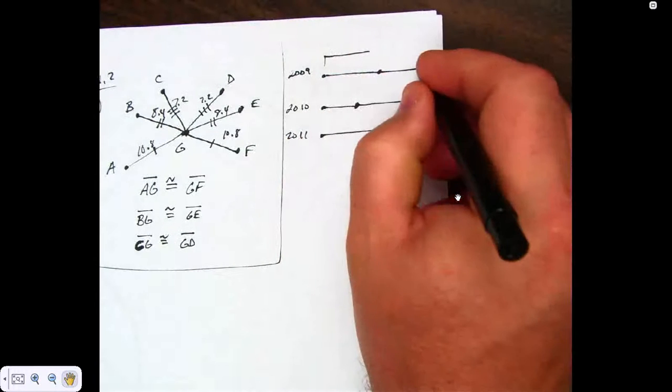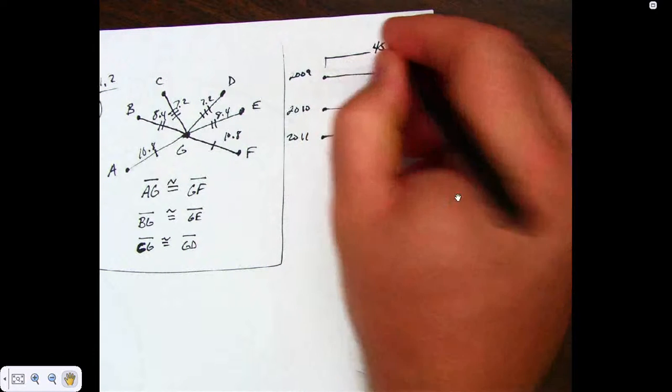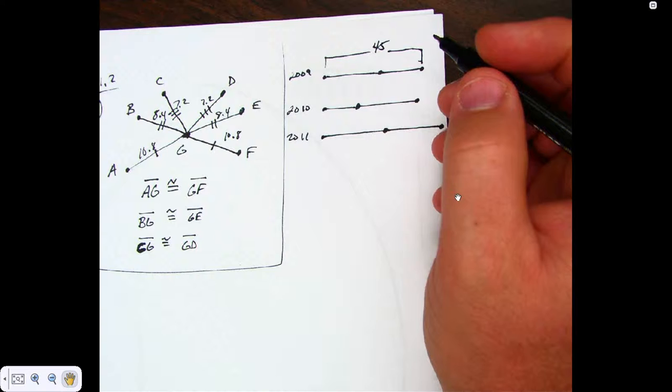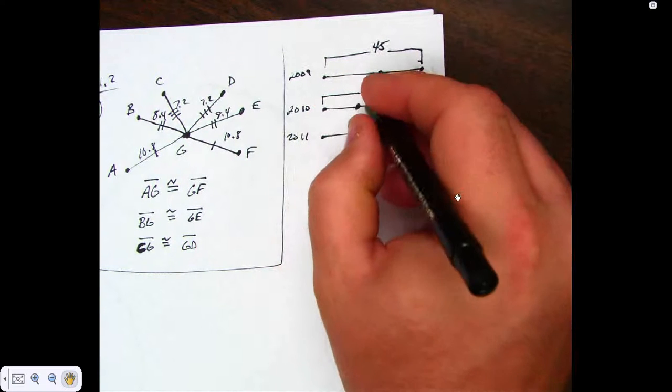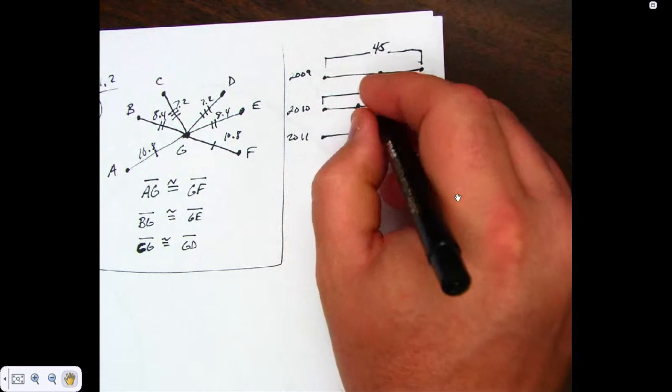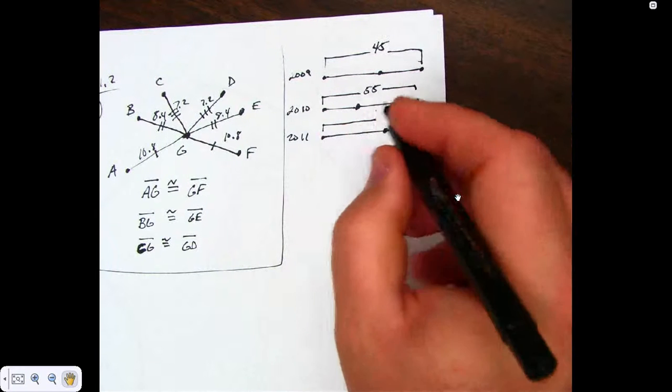In 2009, what is the total number of cans given? 45. So I know that's 45. In 2010, what's the total number of cans given? 55? In 2011, what's the total number of cans given?